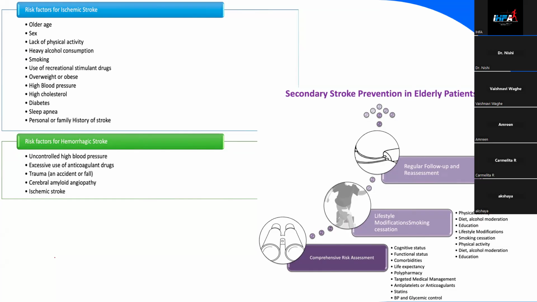Hemorrhagic means bursting of an artery. If the person is on too much anticoagulant or warfarin for a very long time, as you know, it's a blood thinner, so they will have a lot of loose blood. If there is a sudden increase in pressure, the entire vessel can break and that can lead to more hemorrhagic strokes.